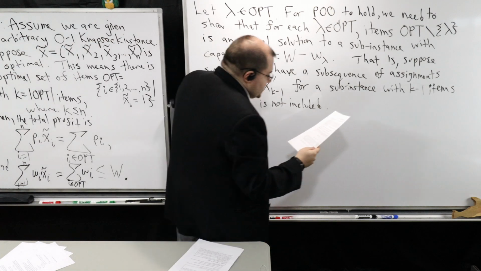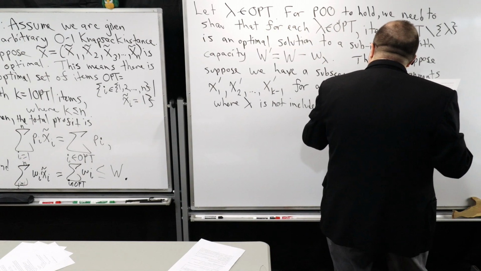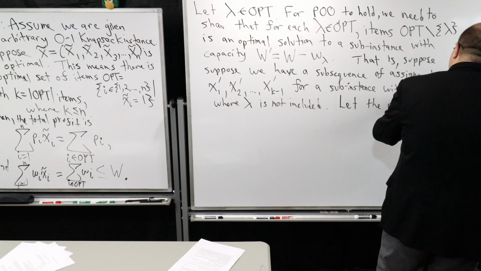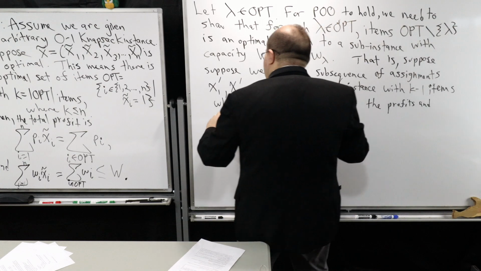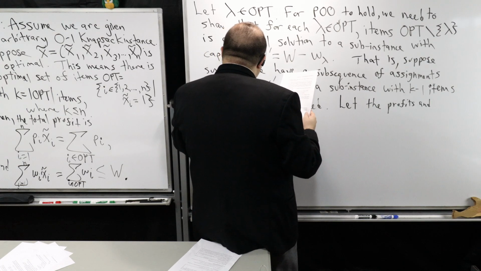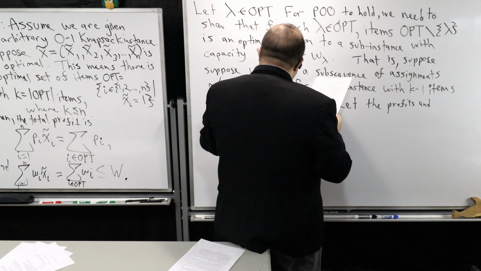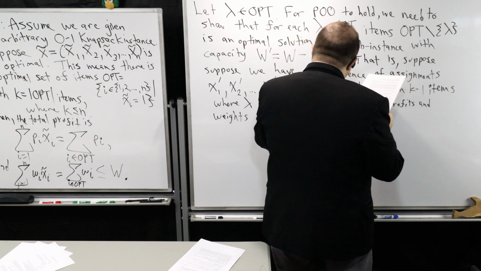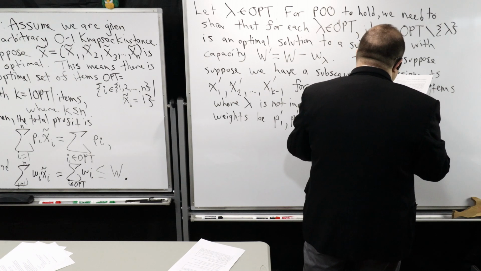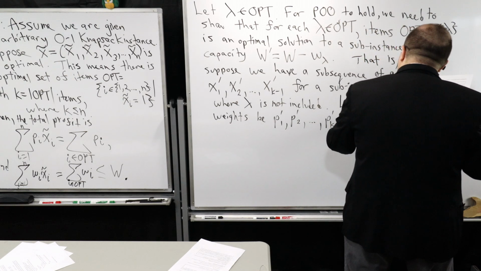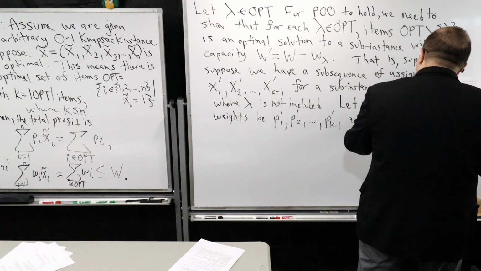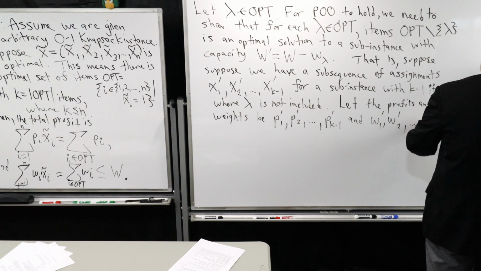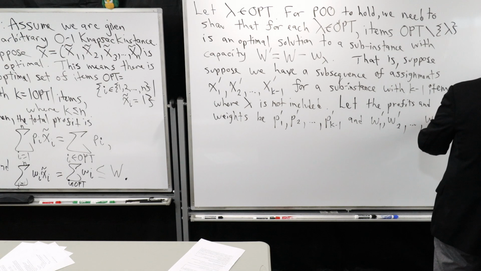So here we go. Let the profits and weights be P prime 1, P prime 2, all the way up to P prime k minus 1, and W1 prime, W2 prime, all the way up to W prime k minus 1, respectively.